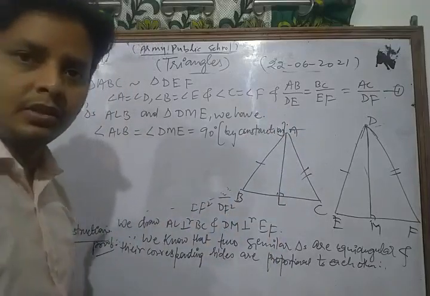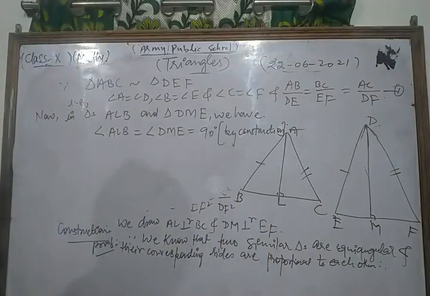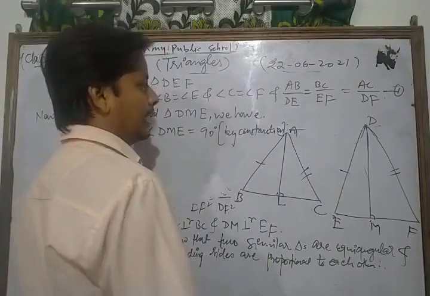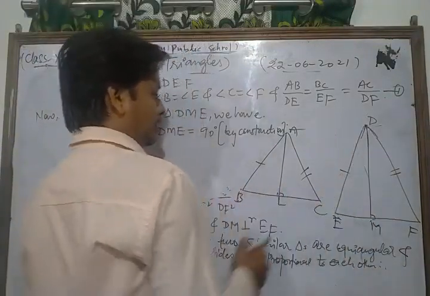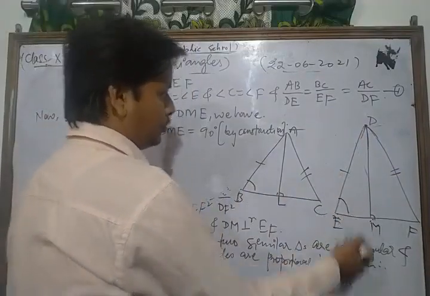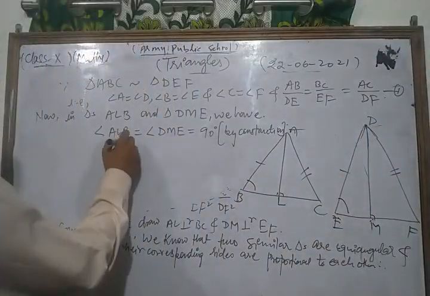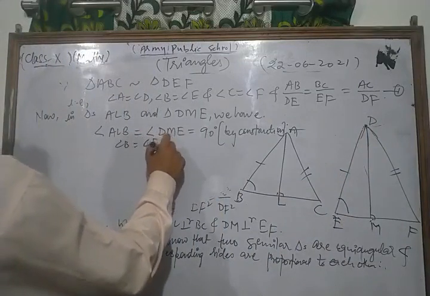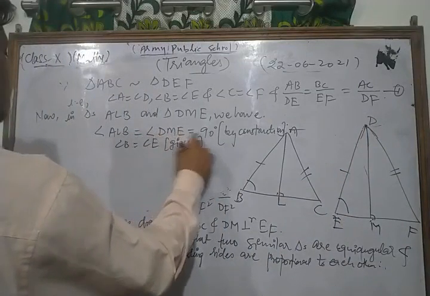And angle B is equal to angle E, which is given, corresponding angles.